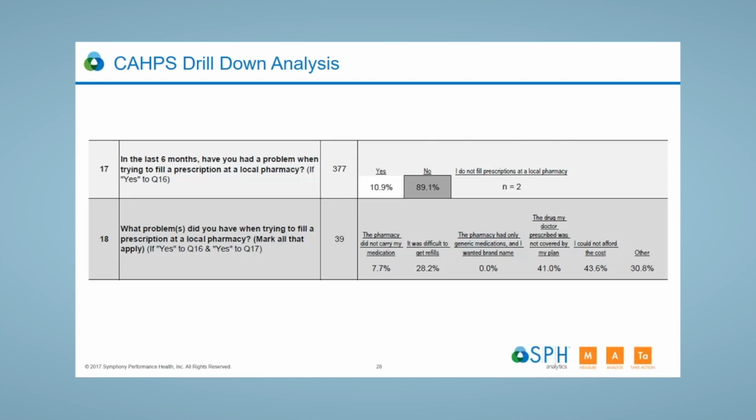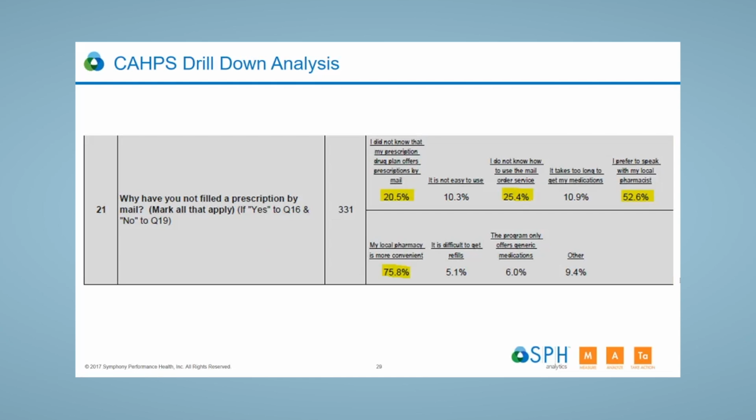And the biggest issue is the drug prescribed by their doctor was not covered by the plan, or I could not afford the cost of the medication. So again, two specific issues for us to work on and try to improve formulary prescribing from our panel providers, as well as ways that we could work with members to find drugs that are more cost friendly for them in terms of filling those drugs. Next slide, please.